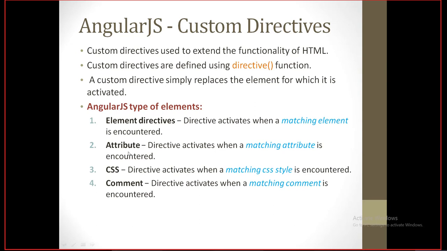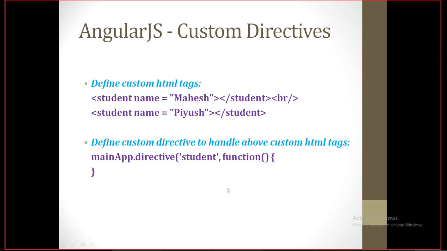Then attribute: whenever the custom directive matches with the attribute name, the attribute itself or the tag for that attribute is replaced by the custom directive code. Similarly, some CSS style can be matched or a comment can be matched. So see this example.